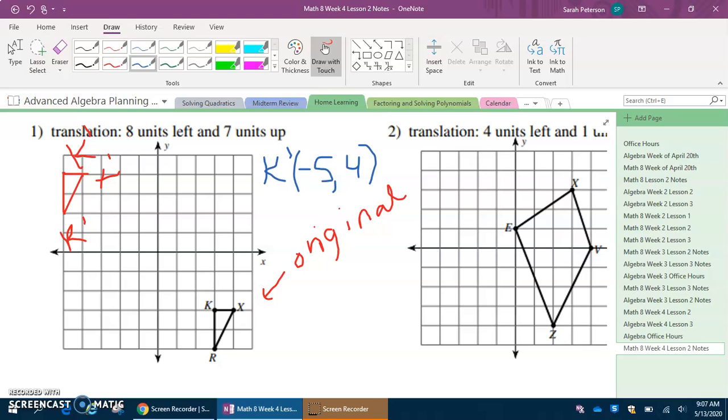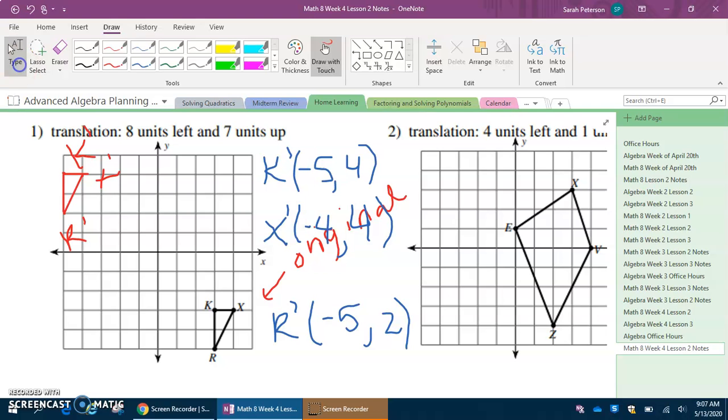My X prime is going to be -1, 2, 3, 4. So -4, up 1, 2, 3, 4, so negative 4, 4. And then finally R prime is going to be negative 5, 1, 2. So that is my new translated image, okay?